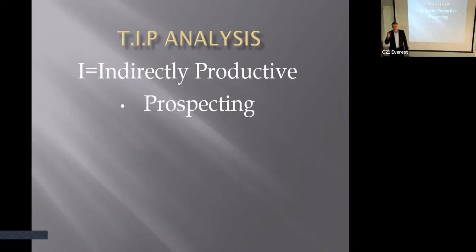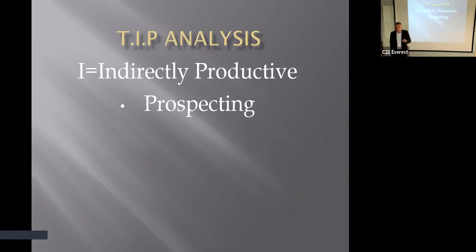The only way I would ever count a passive form of prospecting as indirectly productive is if I set an appointment. I'm going to spend a few minutes on this because I want to make sure you understand it, because it's crucial to how you get your business up and running or get out of a slump.